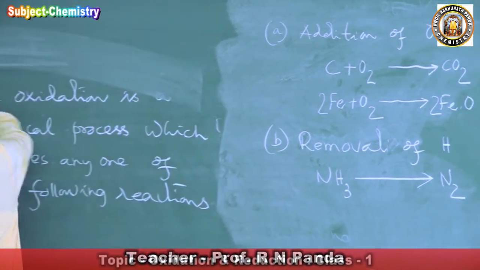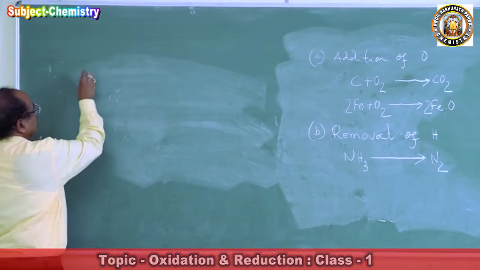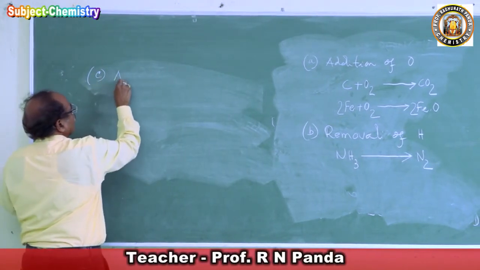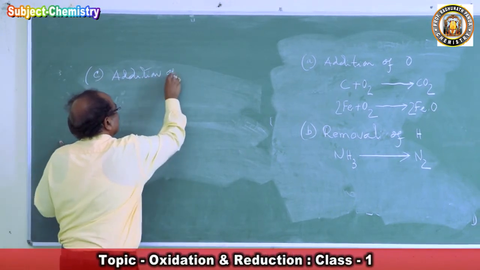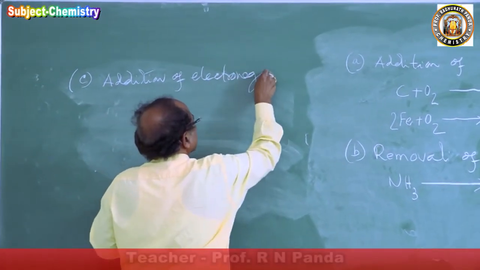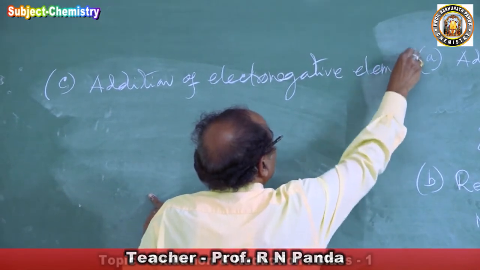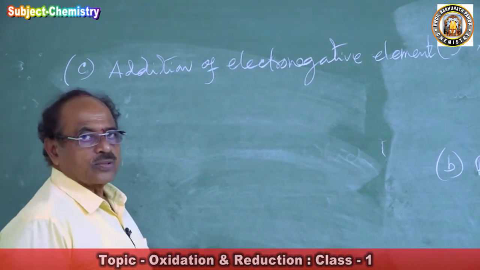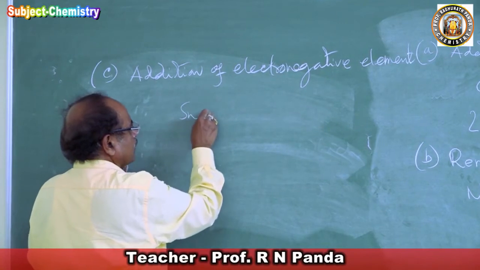Now next comes addition of electronegative element. In any reaction, if you are adding an electronegative element to a substance, we call that oxidation. For example, we have stannous chloride.